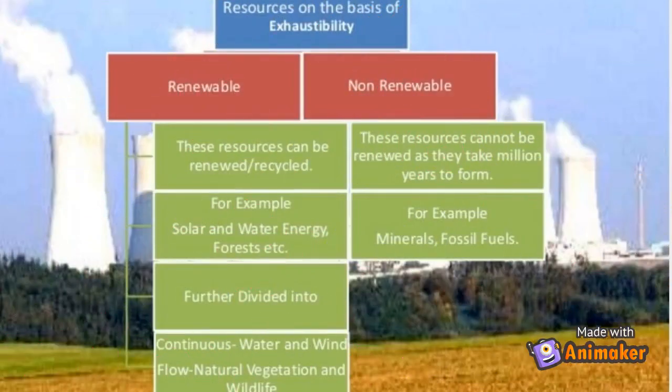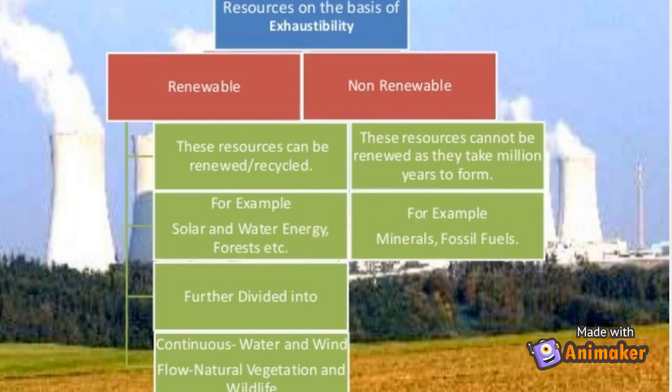On the basis of exhaustibility, we can classify the resources into renewable resources and non-renewable resources. The resources which can be renewed or reproduced by physical, chemical, or mechanical processes are known as renewable resources. These resources can be replenished quickly.